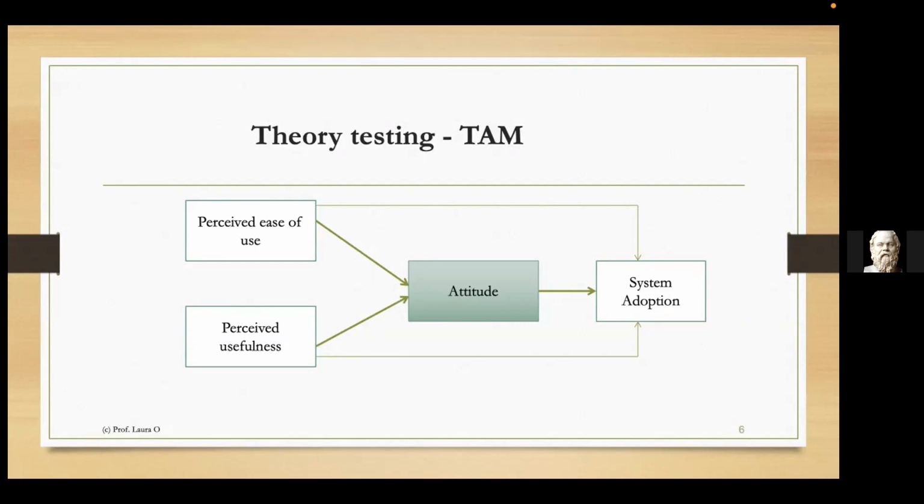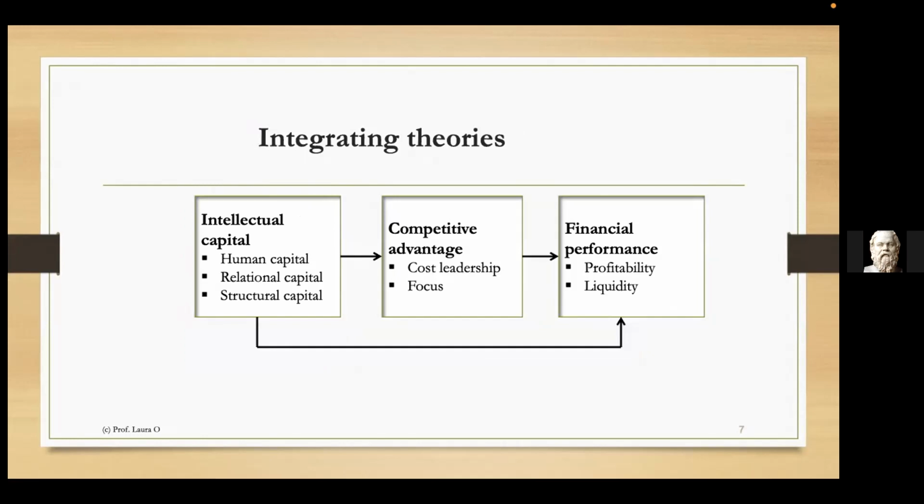But if we see other variables in addition to what is provided by the technology acceptance model, then it means that you are bringing other theoretical explanations on board. You are marrying 2 or 3 other theories. You are combining, you are integrating to provide a better explanation for adoption of a particular system, okay?